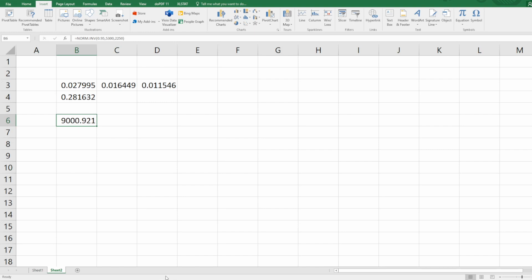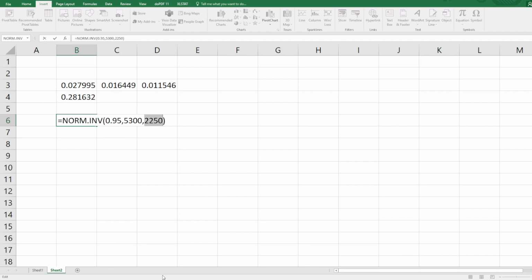So the answer is norm.inverse with probability 0.95, mean 5,300, and standard deviation 2250. There are three arguments for this inverse function in Excel.